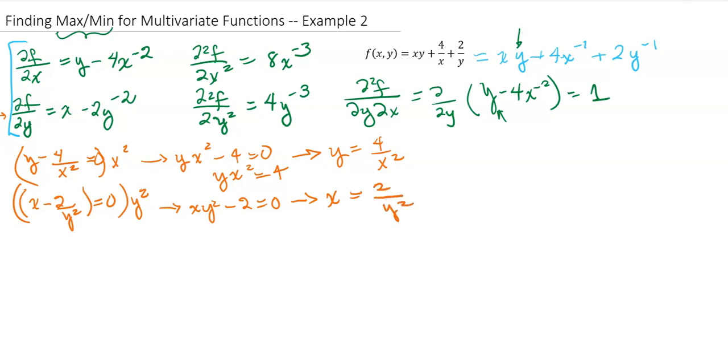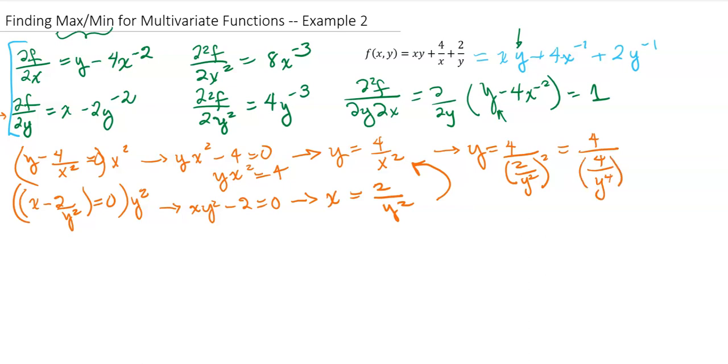Now I've solved, so now I can substitute. So I'll substitute this one in here. That will then give me that y is equal to 4 over 2 over y squared squared. Well, that's 4 over y to the 4th.